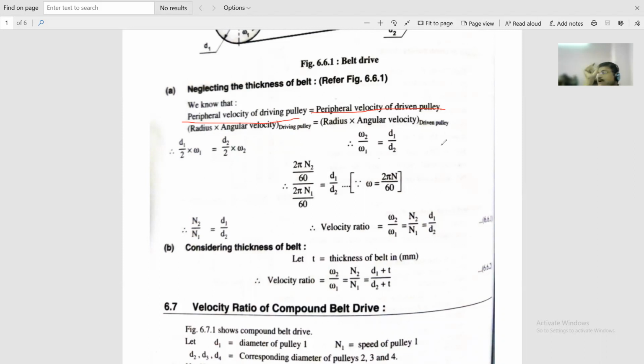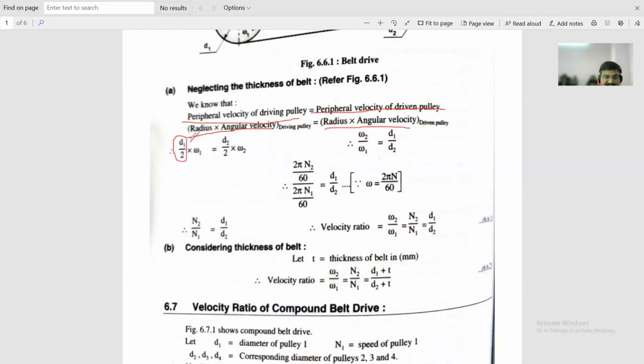This peripheral velocity is calculated by radius multiplied by angular velocity. And this radius we will write in the form of diameter, so that will become D1 by 2.